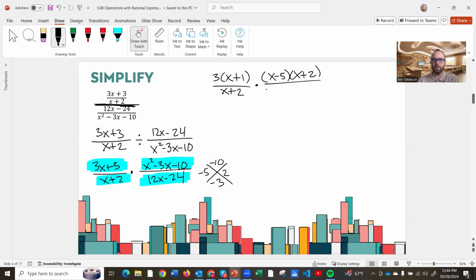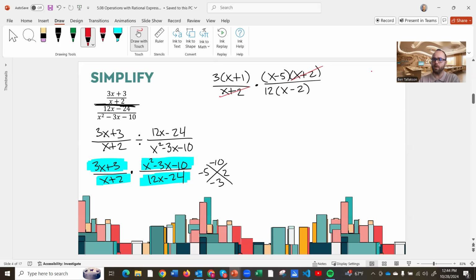Again, hopefully you quickly see that 12 goes into 24 evenly. So again, we have a GCF. Now, we factored for the very specific reason of trying to cancel out, because the less we have, the more simple it is, right? X plus 2's on top and bottom, those go away.